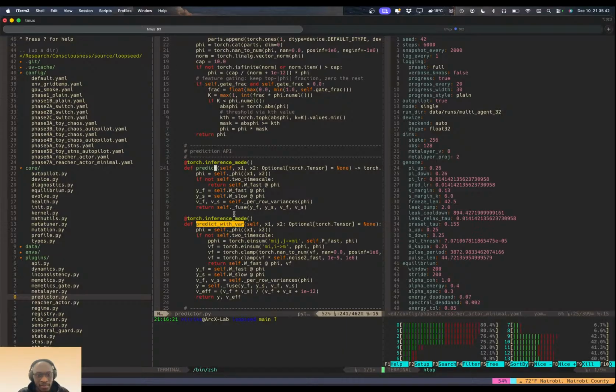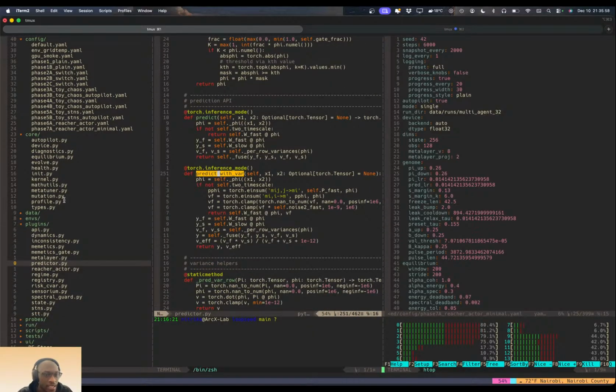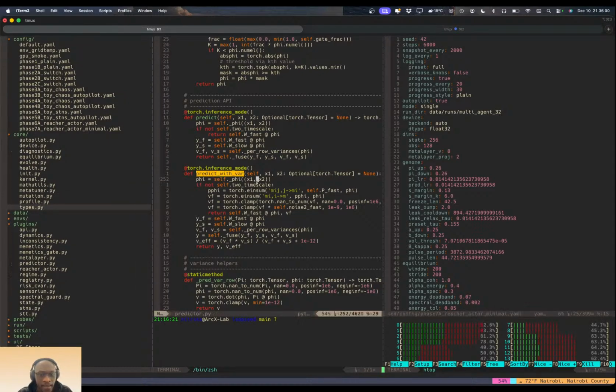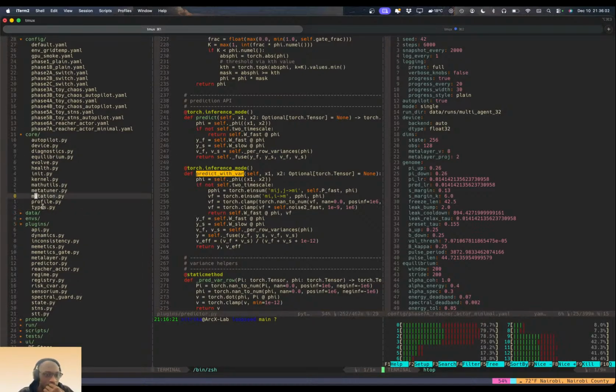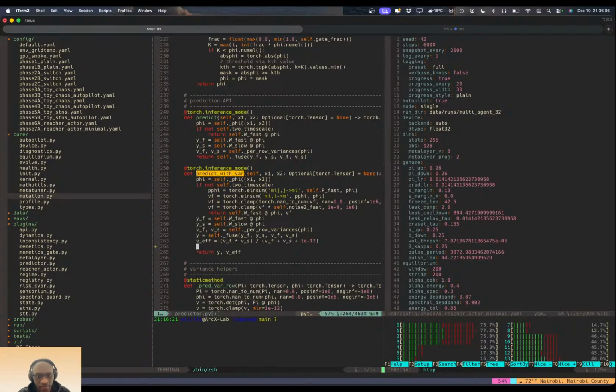This is predict with variance, but it still doesn't make sense whether we try predict, because predict is just a simpler version of predict with variance. I want to see what this looks like every time we do a print. So I will try to do this first.